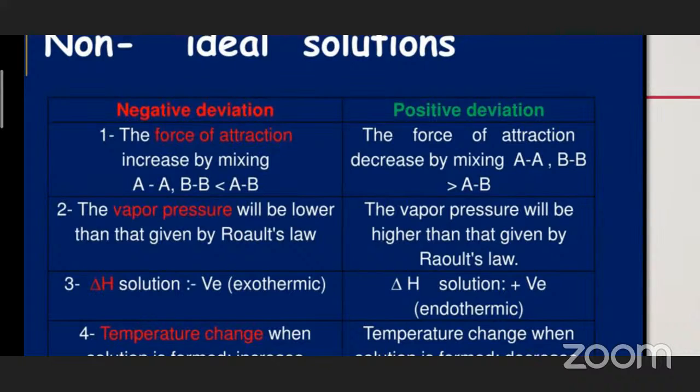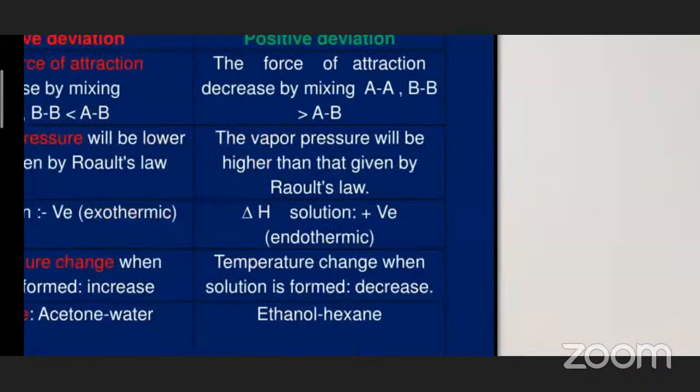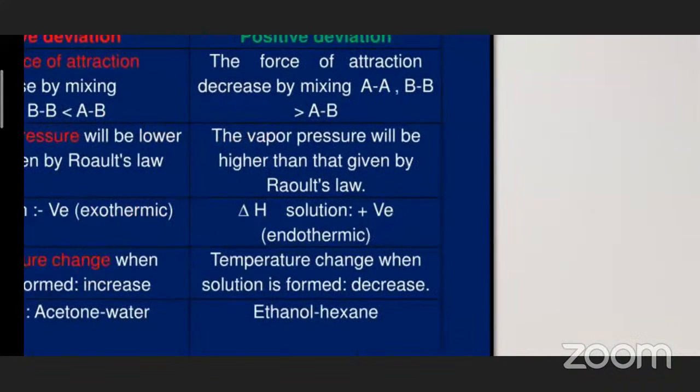Okay. So here, what happens? The force of attraction decreases by mixing A-A and B-B. So see here, same thing. We are taking the solute A and solvent B. So A-A interactions are there and B-B interactions are there.